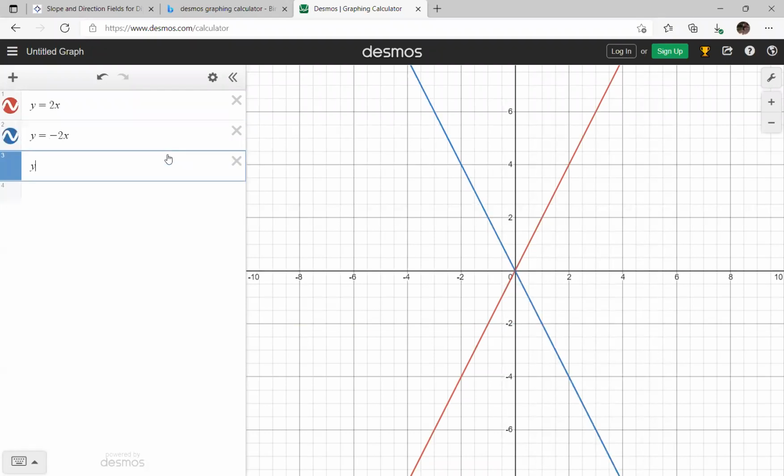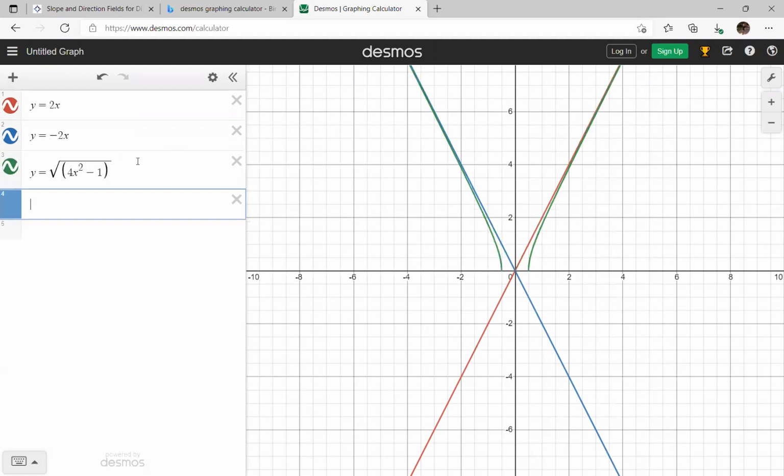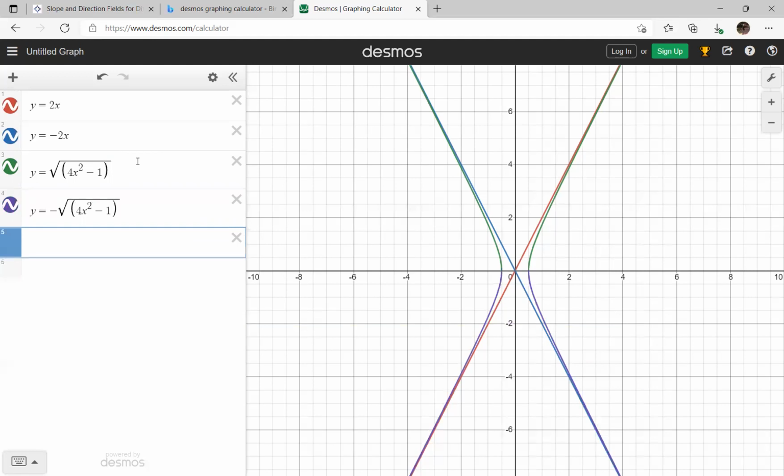Then you had y equals the positive square root of 4x squared minus 1, and y equals the negative square root of 4x squared minus 1. And you can continue this process.